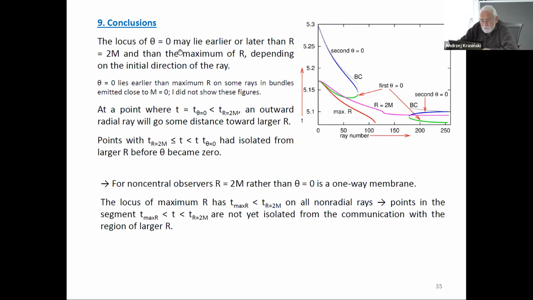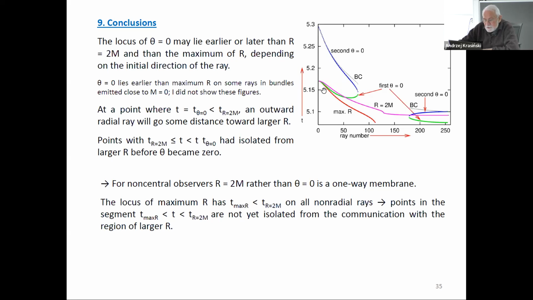The locus of theta equal to 0 may lie earlier or later than R equal to M and the maximum of R, depending on the initial direction of the ray. Here you can see that the maximum of R is always earlier than the first zero of theta, but that's only at this location.